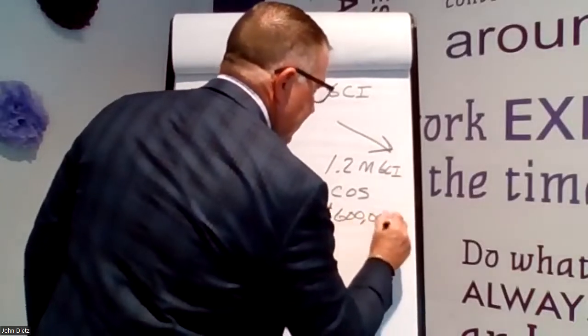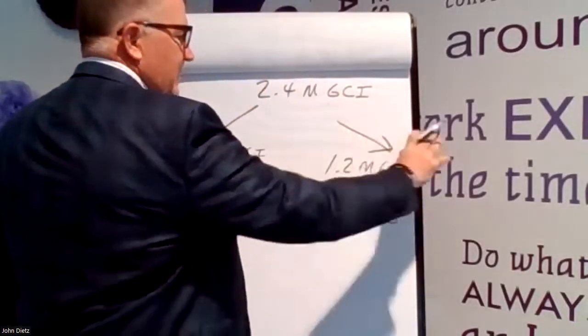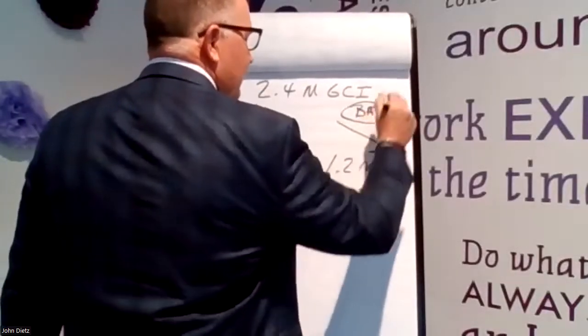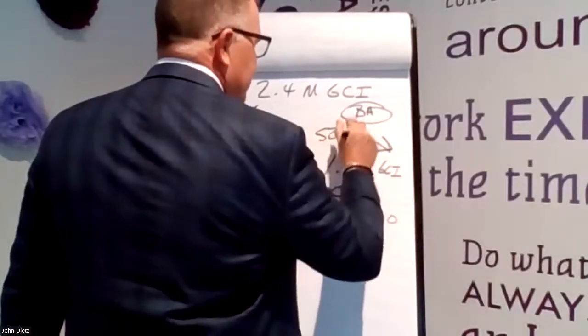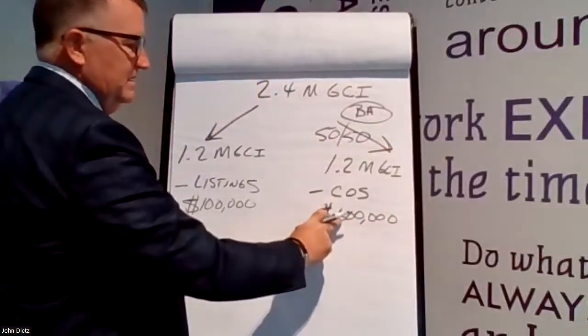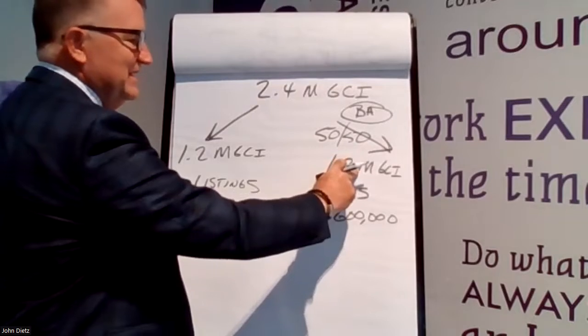Now, it's $600,000 because on the buyer side of the model, we have buyer agents who are on a 50-50 split with the rainmaker, meaning the buyer agent is earning $600,000 of the 1.2 million GCI.